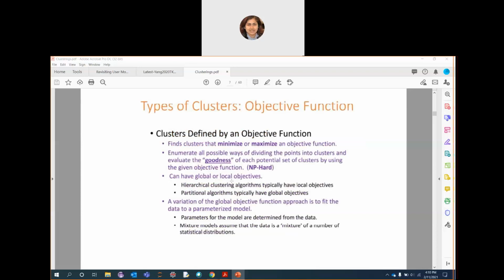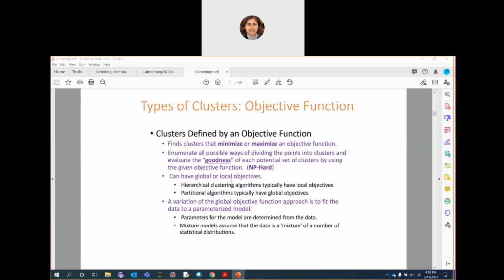Then types of clusters. If you look into types of clusters, there is a most important function called the objective function which comes into the picture. Clusters are always defined by an objective function. What happens here is you need to define the clusters which can minimize or maximize the objective function.